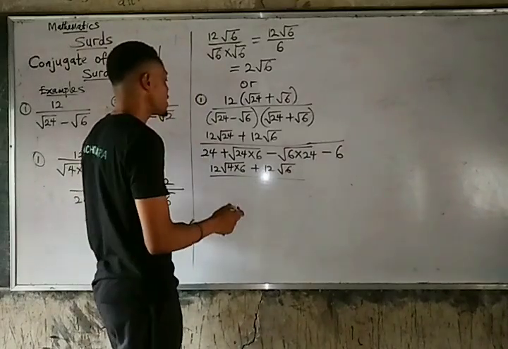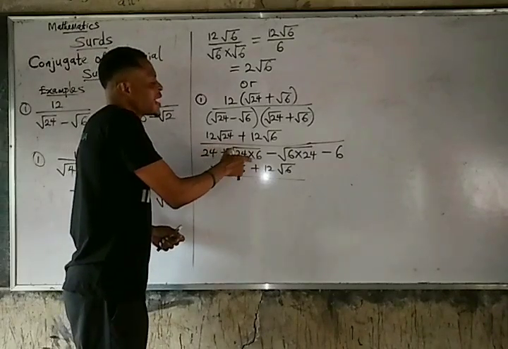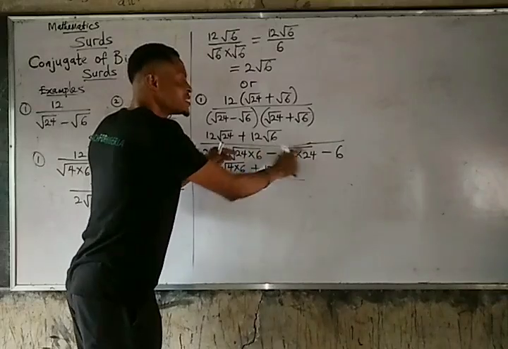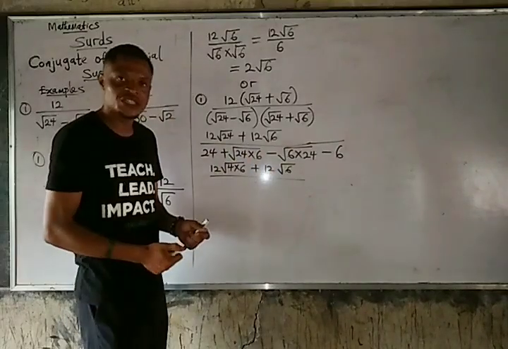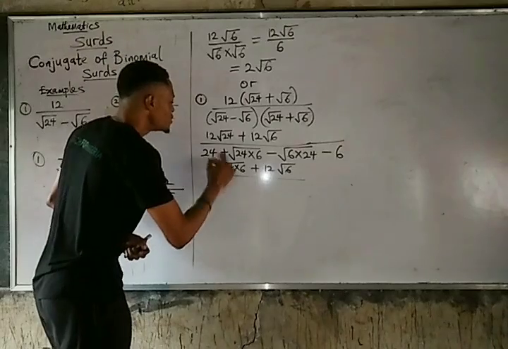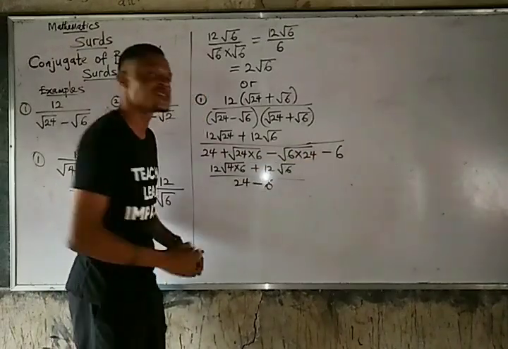For the denominator now, plus root 24 times 6 minus root 6 times 24. They are the same, so they will cancel each other. So cancelling each other will leave us with 24 and minus 6.